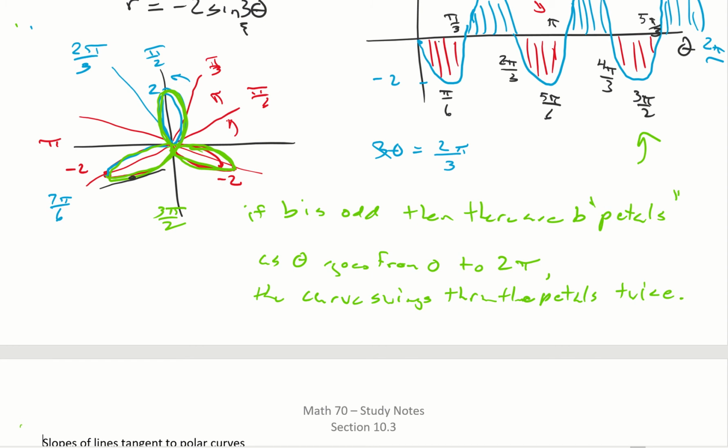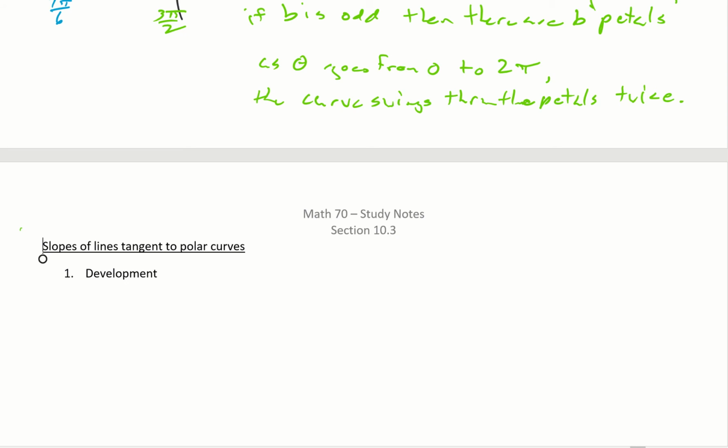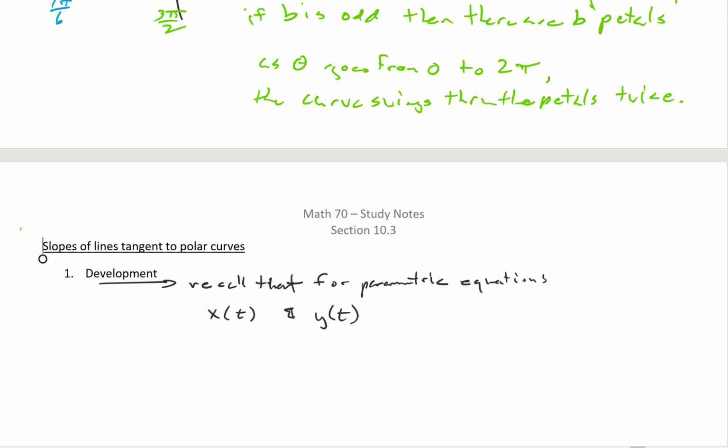The polar equation does its thing, but then I might want to jump back to so-called rectangular reality and figure out the slope of the tangent. Well, there's a way, okay? And it's based upon parametric equations. So the development comes from the following. Recall that for parametric equations, let's call them just x of t and y of t, they're functions of t.